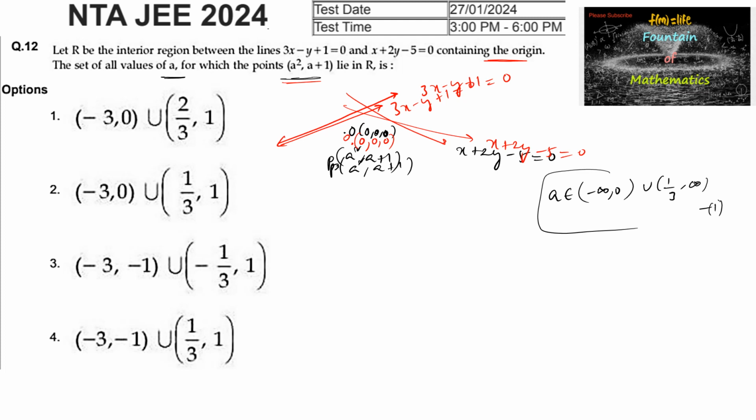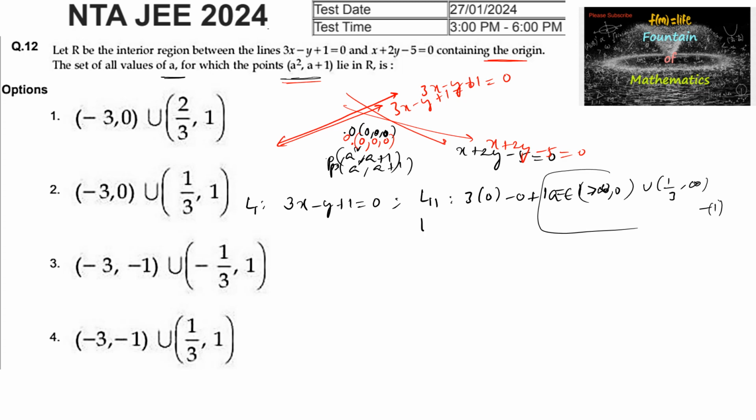And we know that when the point O and point P lie on the same side of the line, we can substitute. Let us consider line 1, 3x minus y plus 1 equals 0. Substituting the first point as L11, 3 into 0 minus 0 plus 1 is equal to 1, which is positive.